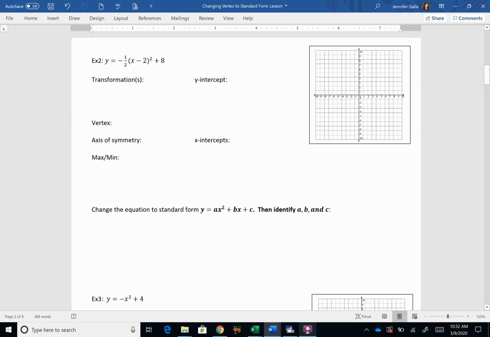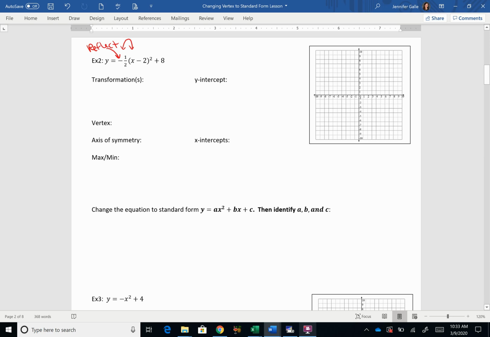So as we go, let's start with our transformations. The negative sign is one we didn't see on example 1. What's the negative sign going to do for us? It's going to reflect. So that means our graph's going to open down. That's what reflection means.